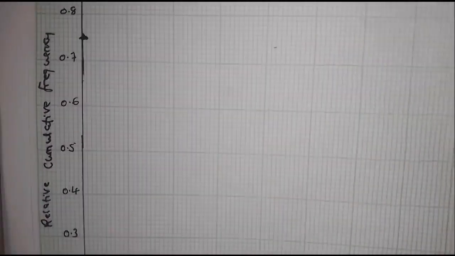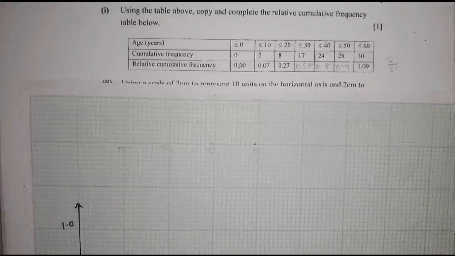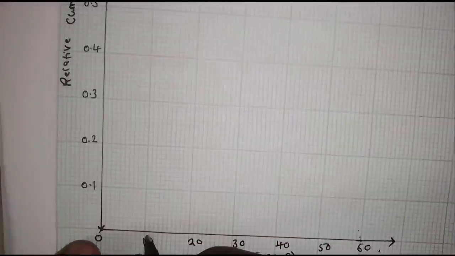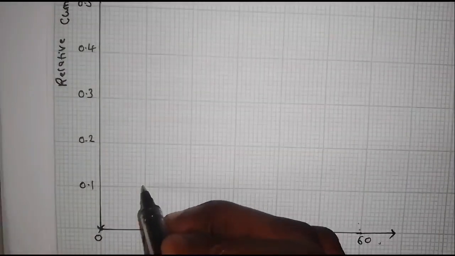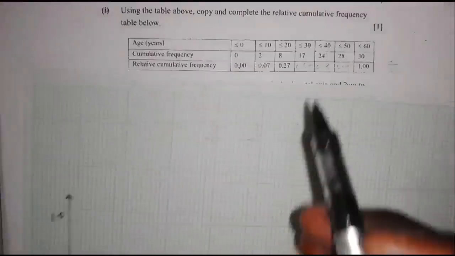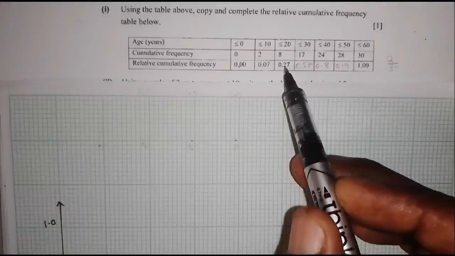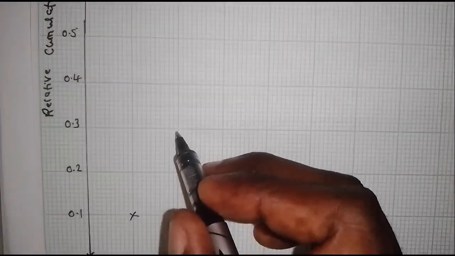Okay, so what is going to follow is 10, 0.1. 10 is here, then the 0.1 is there. So you put a star there. Then 20, 0.3. 20, 0.3 is here.